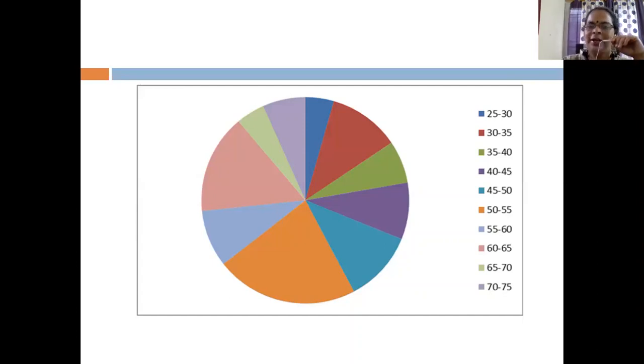Even if you don't know the correct number of students, you can see in which category there are more students, or the maximum number of students, that is 50 to 55 or 60 to 65, and that 70 to 75 has fewer students. Like that you can interpret it very easily, and if anybody sees this diagram they can understand it very easily.